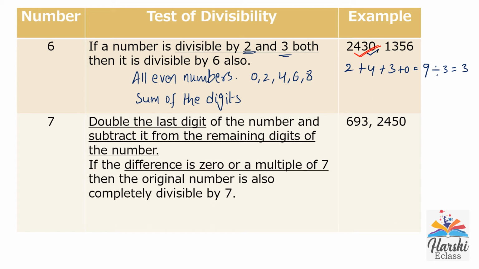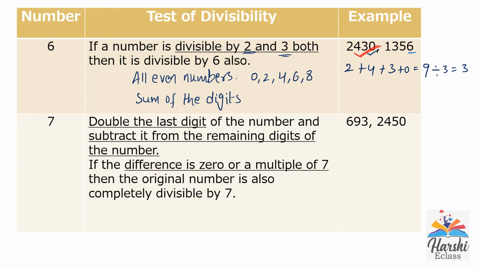Next number 1356. It is ending with 6. So it is an even number, completely divisible by 2 without leaving any remainder.